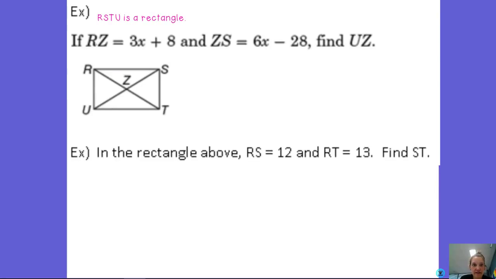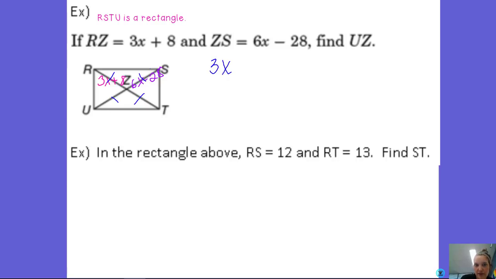So if RSTU is a rectangle and RZ is 3x plus 8 and ZS is 6x minus 28, well, we just learned that in a rectangle the diagonals bisect each other and the diagonals are congruent. So all of these little halves are going to be congruent, so we can just set RZ and ZS equal to each other.